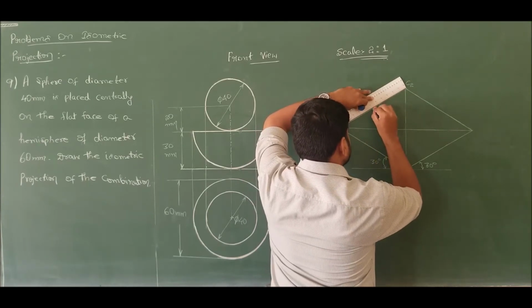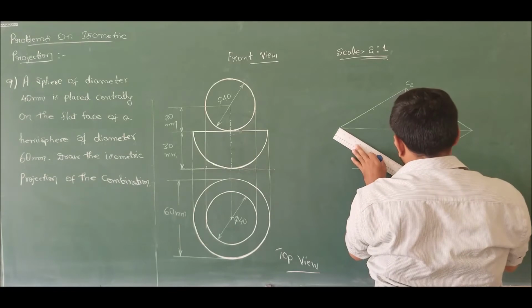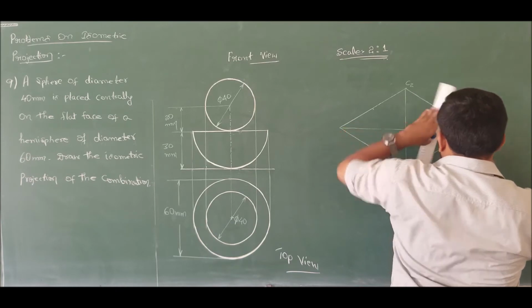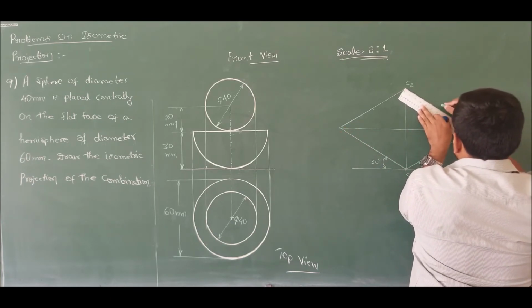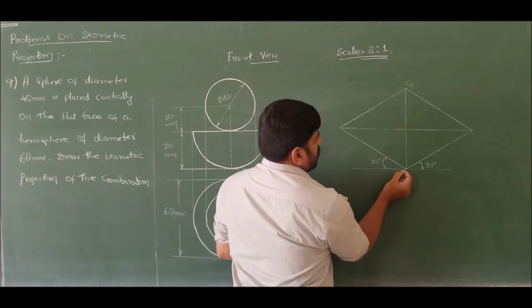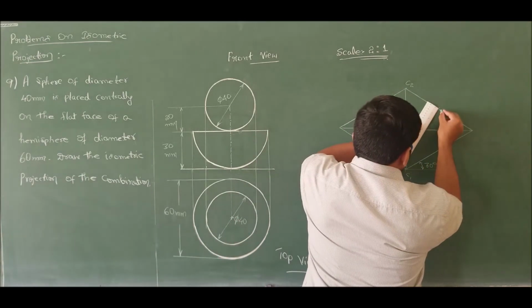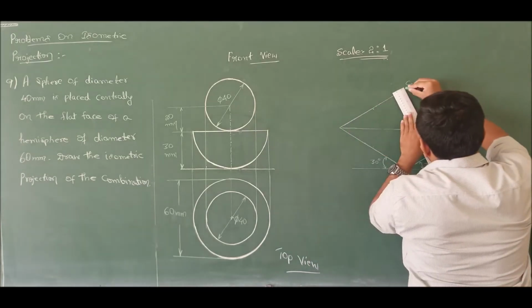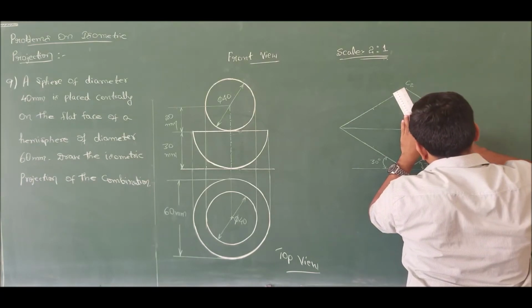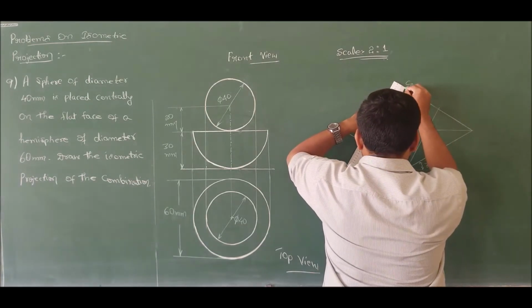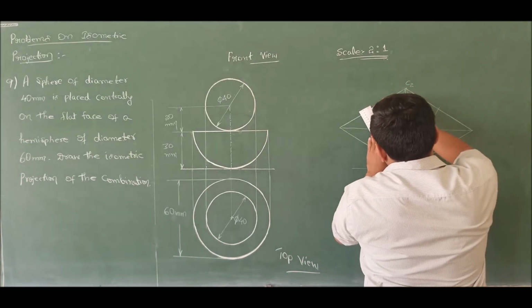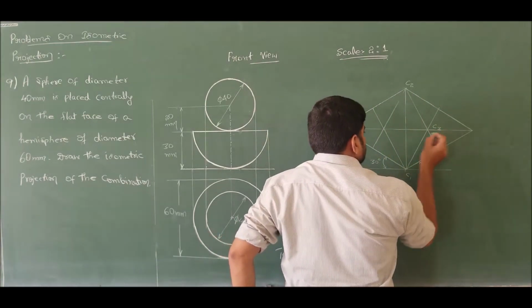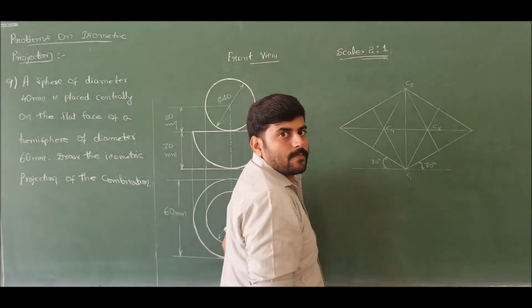If I do that, I get, now drawing the perpendicular bisectors, we'll get center C3 and center C4.